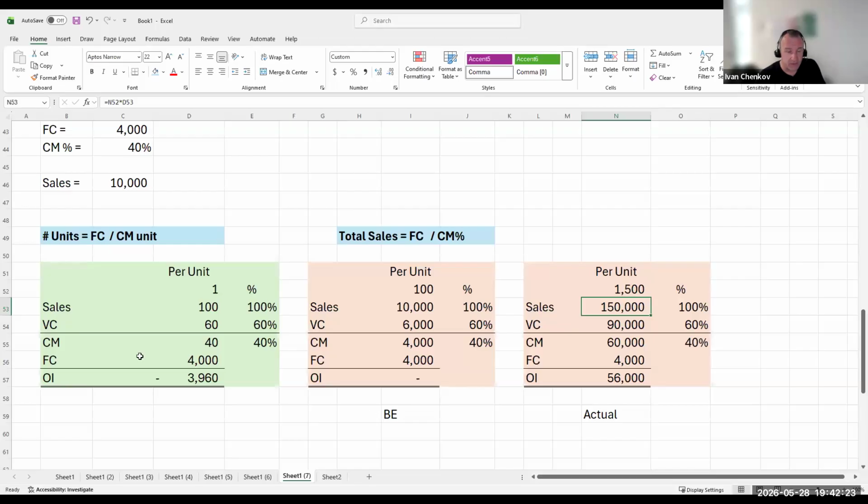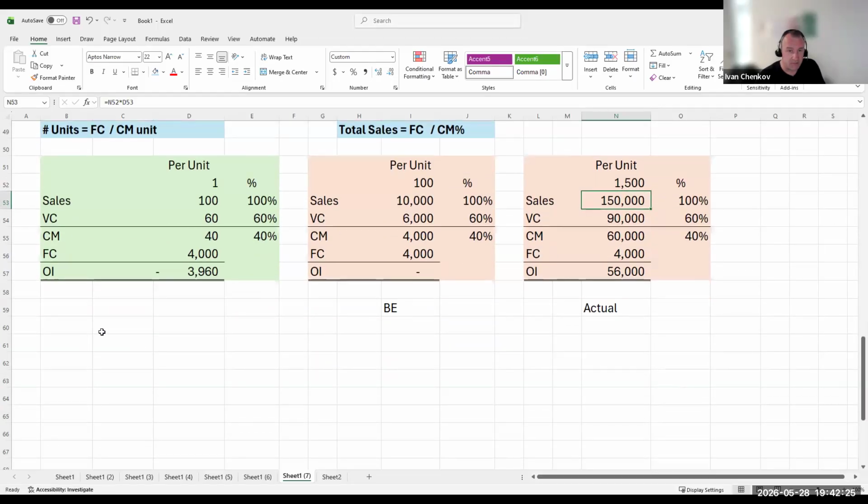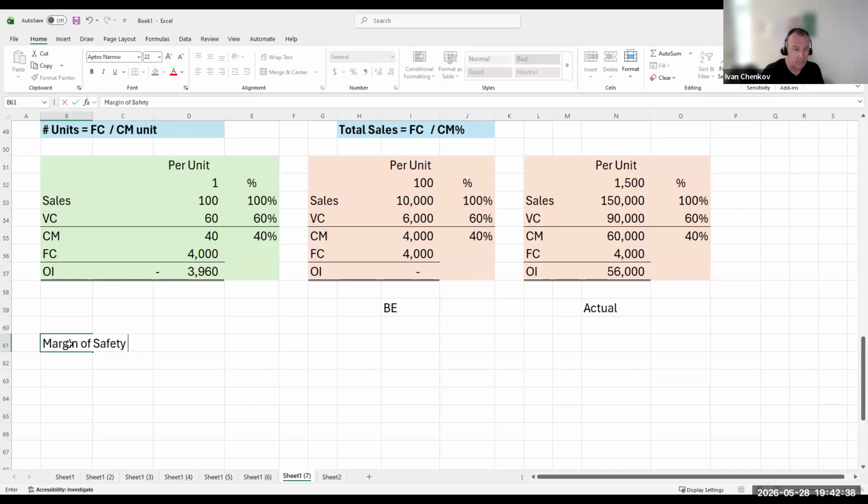So the other application of all those break-even analysis and formulas is to find out how much is my margin of safety. In other words, I have to compare the actual to break-even.